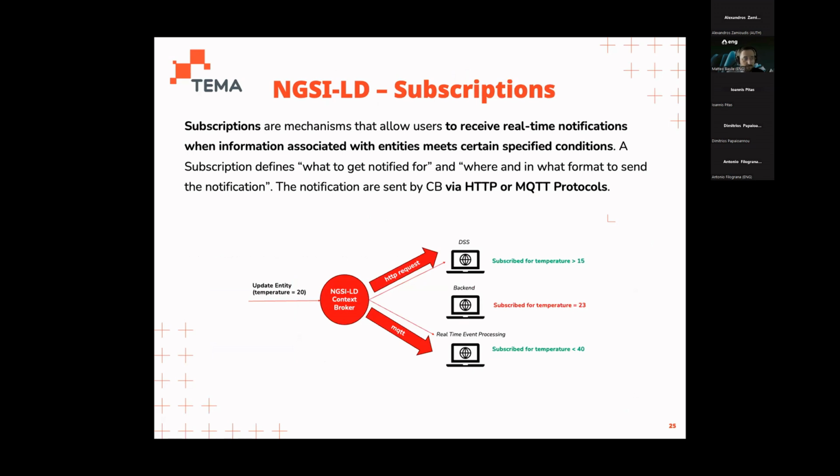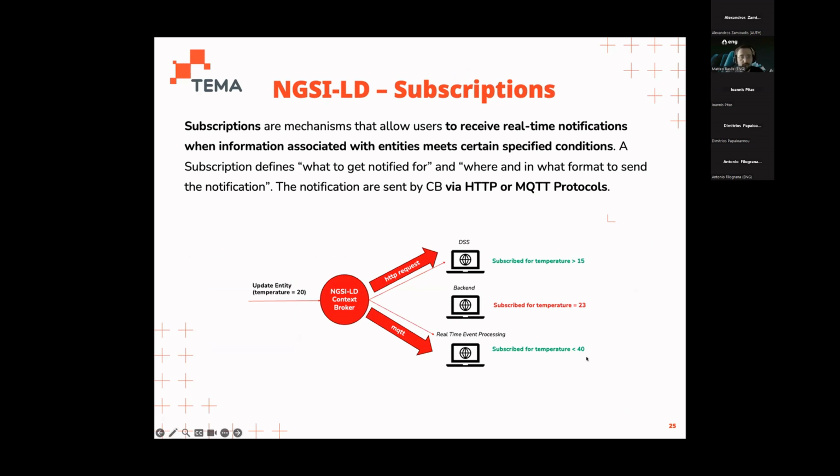The last important concept of an NGSI-LD context broker, last but not least, of course, because maybe this is the most important feature for an NGSI-LD context broker, is the subscription. With the subscription, I can ask the context broker to notify me if the attribute of an entity changes.